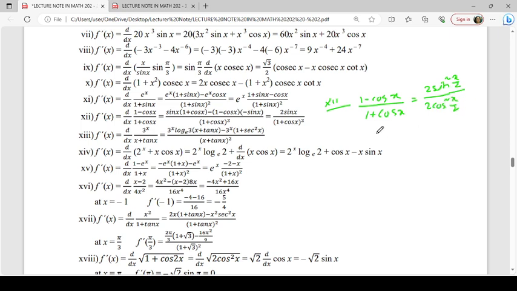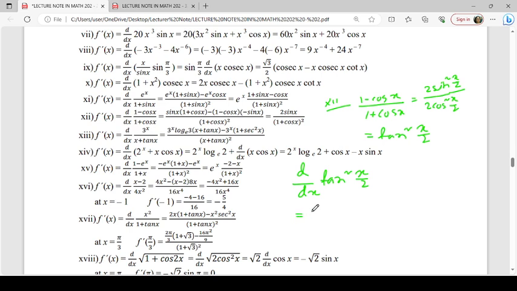It is tan square x by 2. So we can do it like this also: d/dx of 1 minus cos x by 1 plus cos x can be written as d/dx of tan square x by 2. Now we are applying the chain rule.